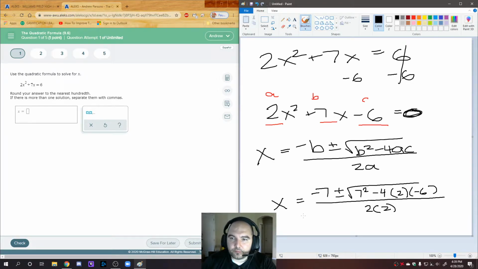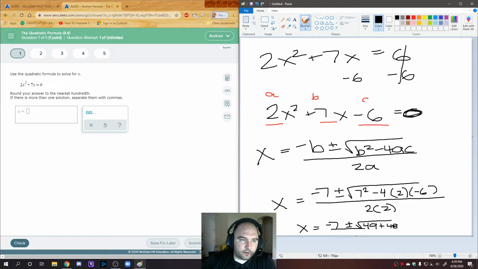Okay? So what that turns into is negative 7 plus or minus the square root of 49. Let me fix that 4. 49, that's what 7 squared was. And then 4 times 2 times 6 is 48. In this case, it's positive 48.